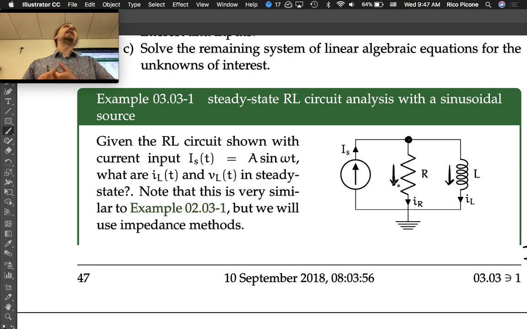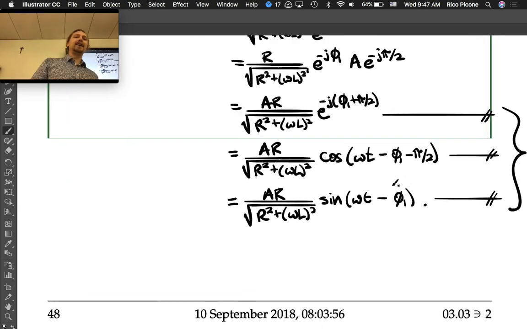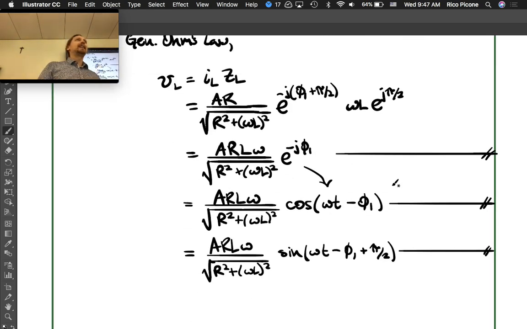You're right that in steady state, it doesn't really matter what the absolute phase is, just the relative phase from the beginning to the end. So oftentimes we'll start with a 0 phase, just because it doesn't matter. Our initial time is usually 0, because it could be anything. Okay, cool. Any questions on this?